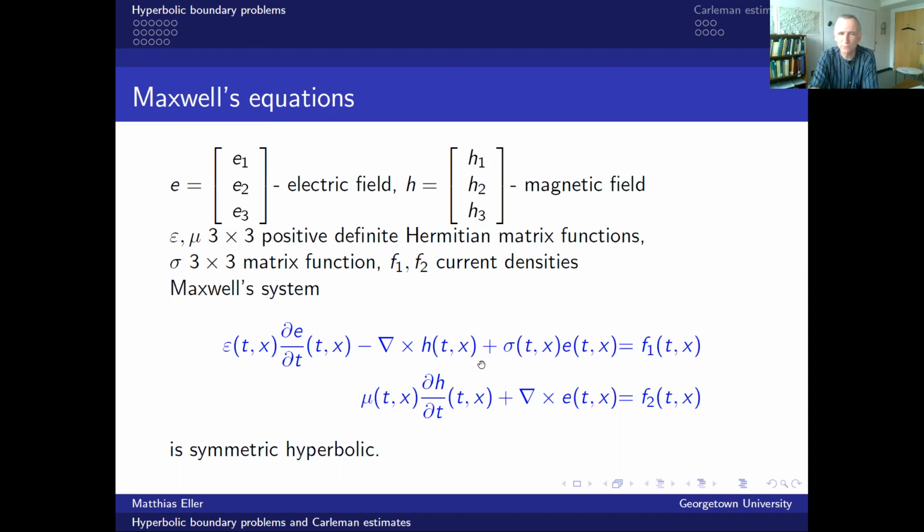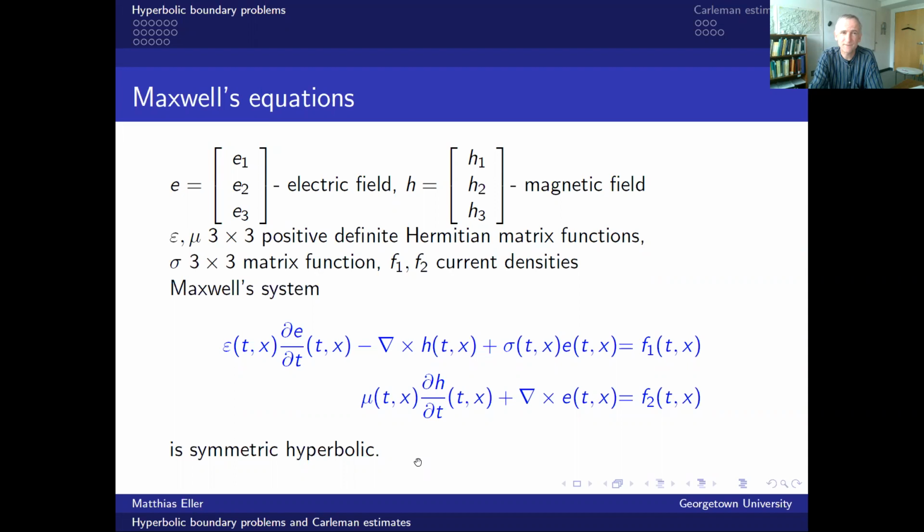Then I may have also a conductivity term in here. Sometimes it's zero, so there may be a lower order term, there may be not. And then I have current densities. Of course, in classical physics, the F2 is usually zero. There's no magnetic current density, but there may be an electric current density. So this system is indeed symmetric hyperbolic.